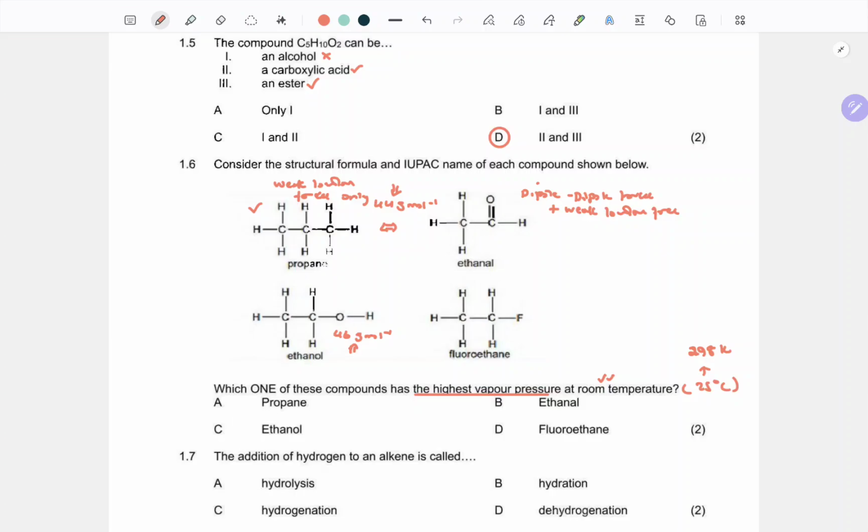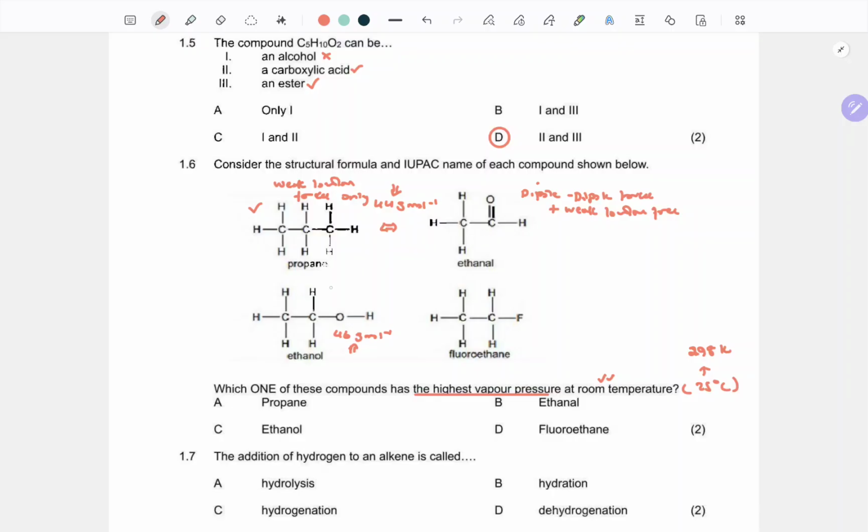So this already tells us that the strength of the London forces here is going to be bigger than the strength of the London forces of the other two. So already it's essentially out. Propane still works out.